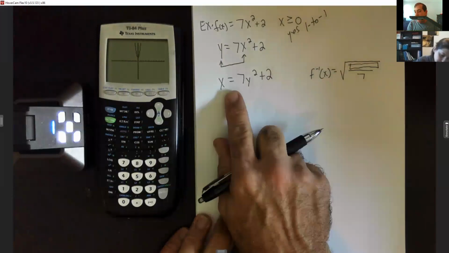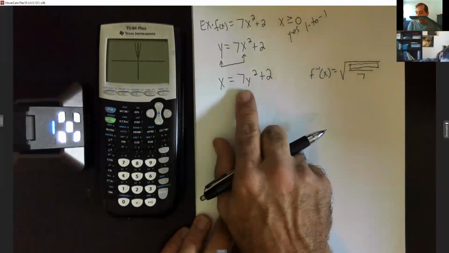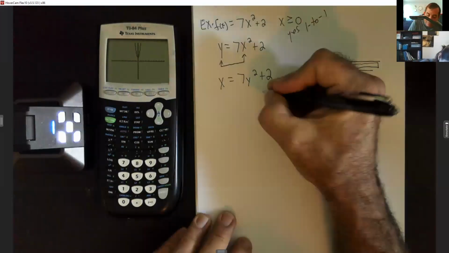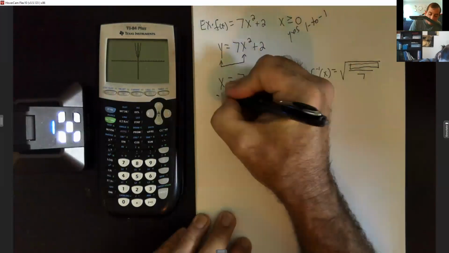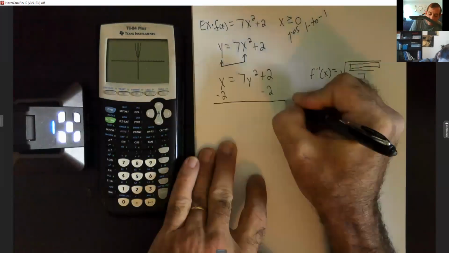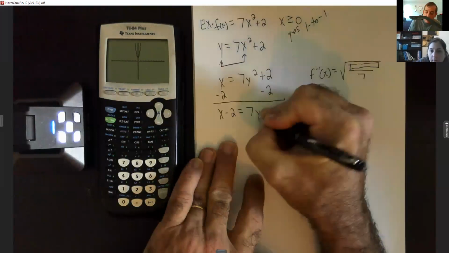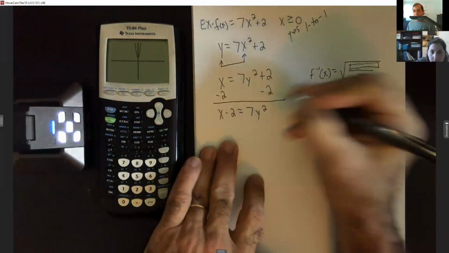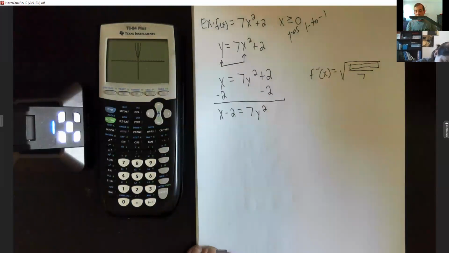So the first thing to solve that for that y, we've got to subtract 2 from both sides. So I get x minus 2 equals 7y squared. So it's always counter moves, moving them around.